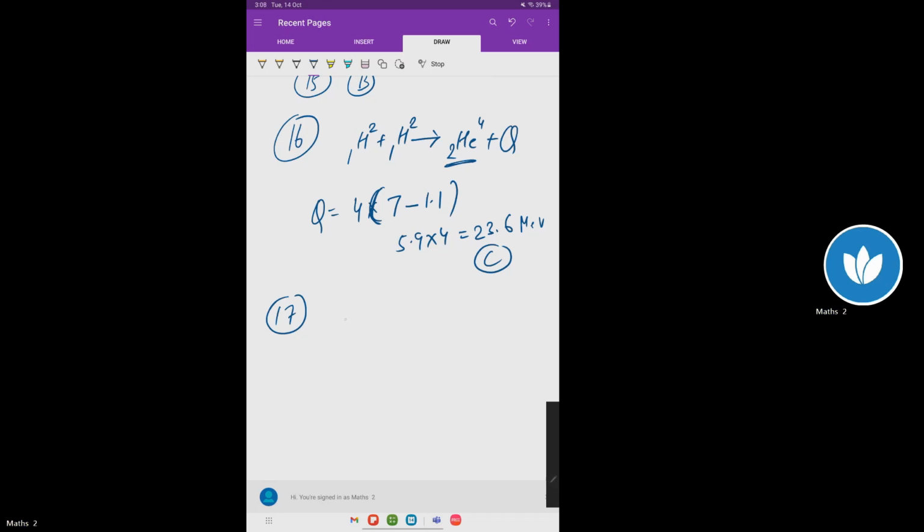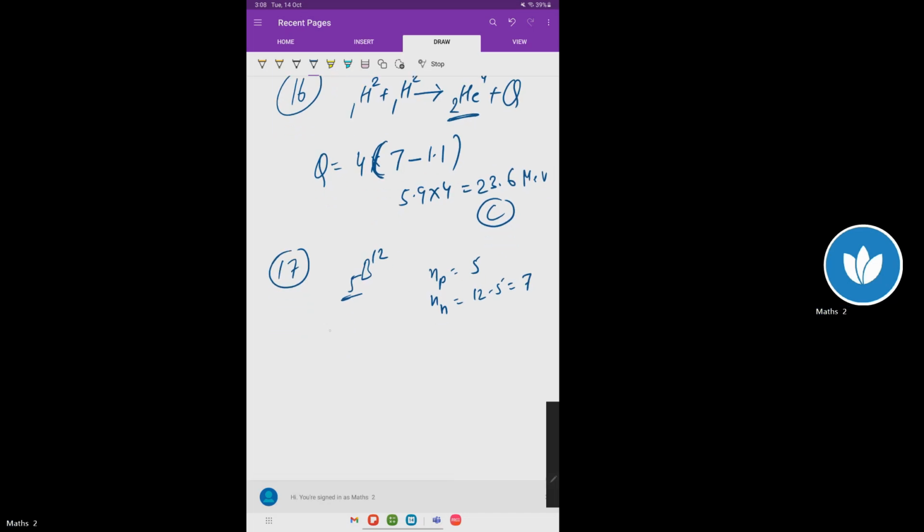So in boron, 5B12, the number of protons is 5 and the number of neutrons is 12 minus 5, 7. 5 mp plus 7 mn are making a boron nucleus, and this mass is M naught.